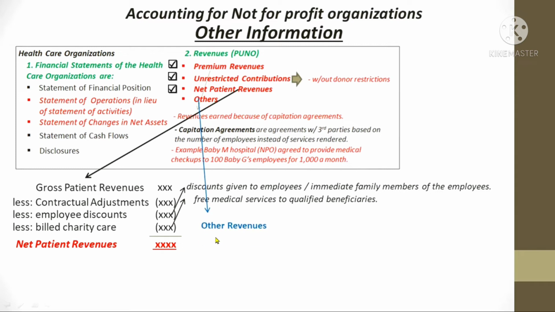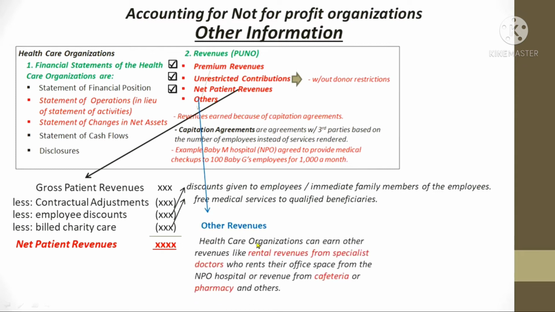Actually, healthcare organizations can earn other revenues, like rental revenues from specialist doctors who rent their office space from the NPO hospital, or revenue from the cafeteria of the hospital, or revenue of the pharmacy of the hospital. Those are just examples. There are a lot more examples.